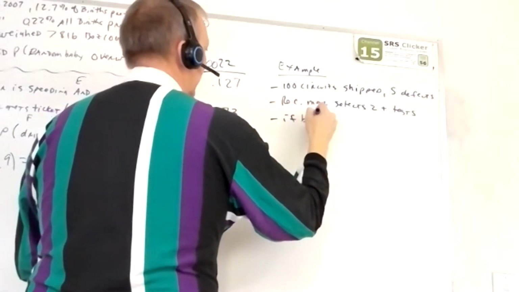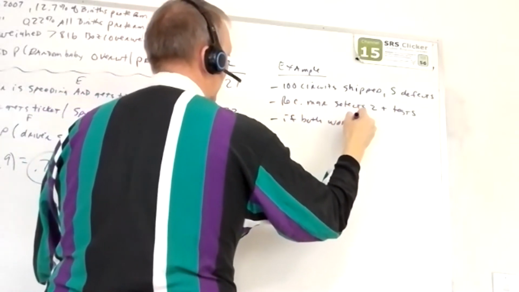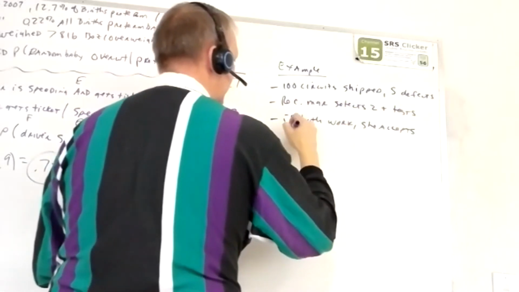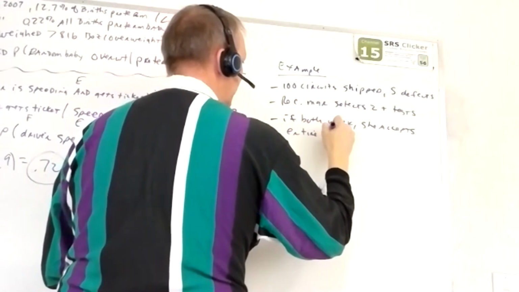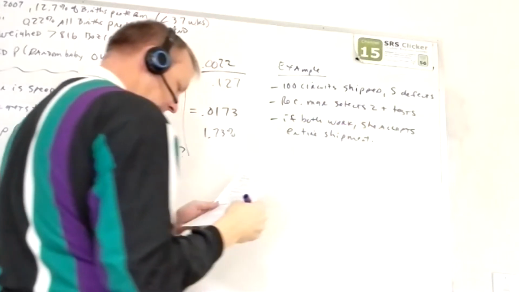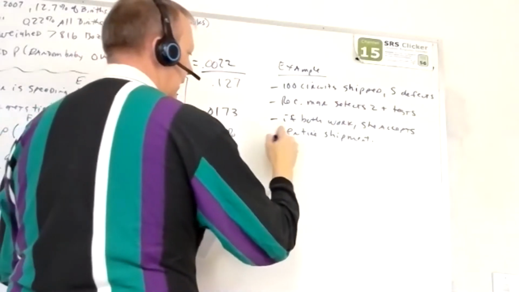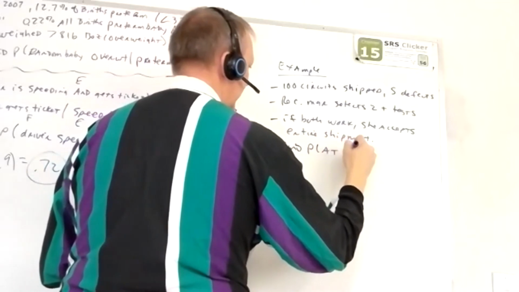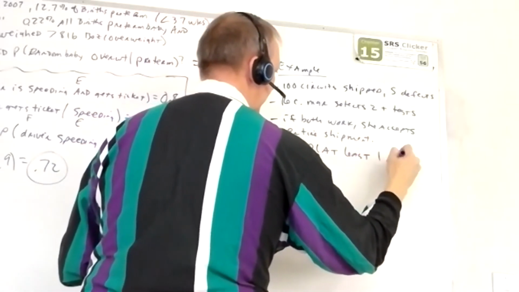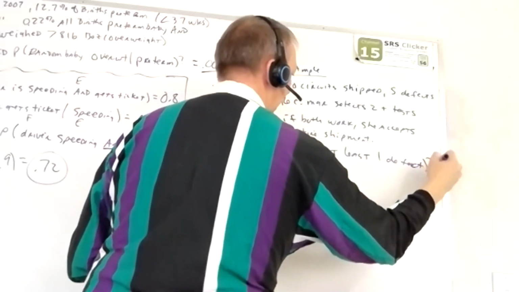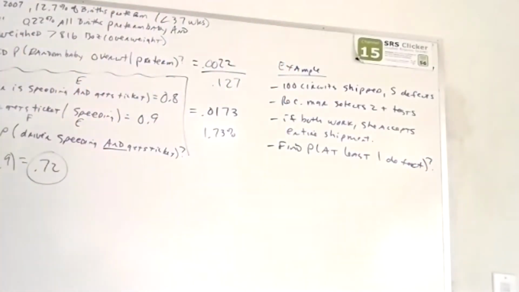If both work, she accepts the entire shipment. Okay. Find the probability of at least one defect.